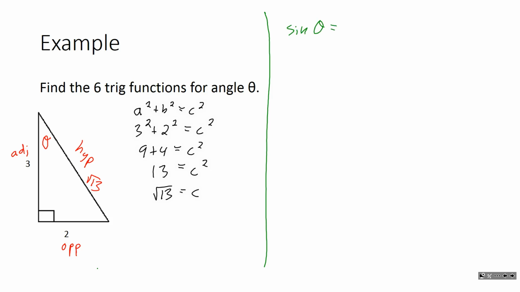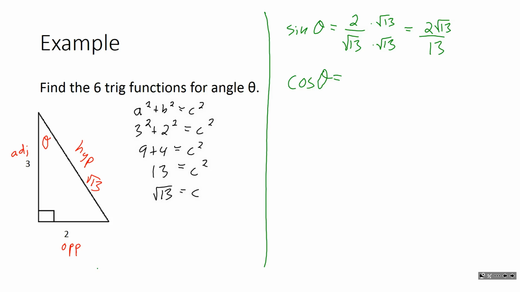Sine of theta equals opposite over hypotenuse, so that would be 2 over the square root of 13. I guess we better rationalize that by multiplying numerator and denominator by the square root of 13. And we'll have 2 square root of 13 over 13.